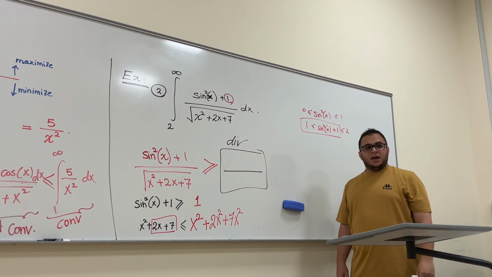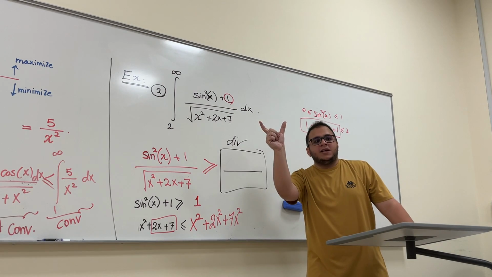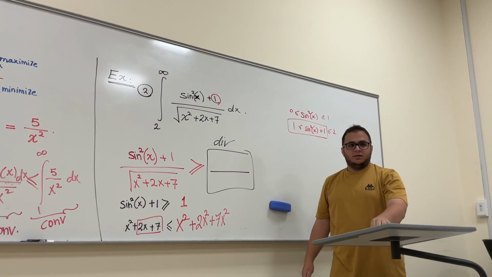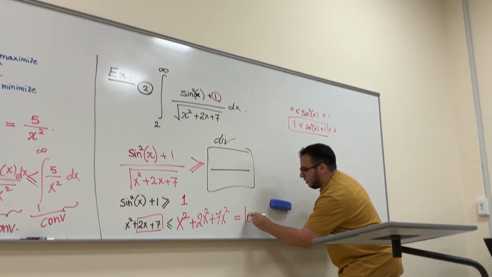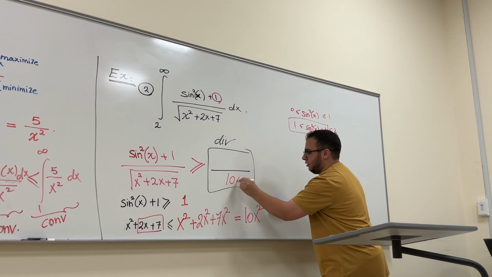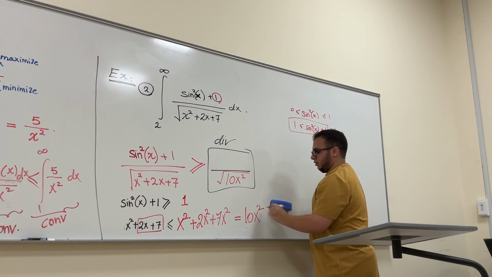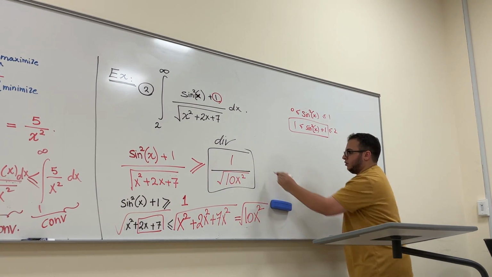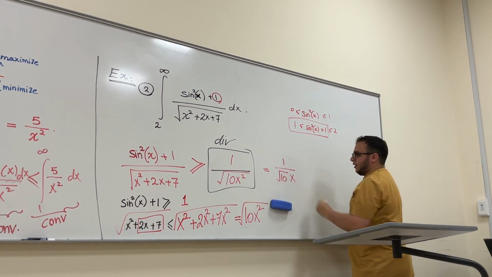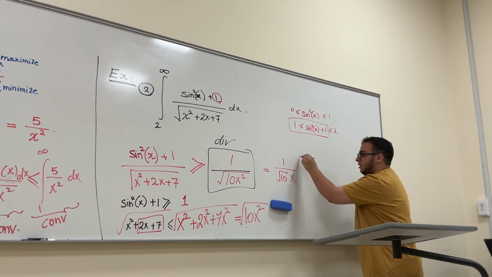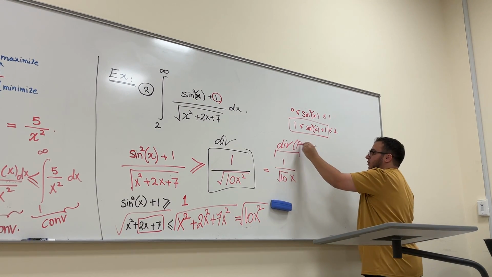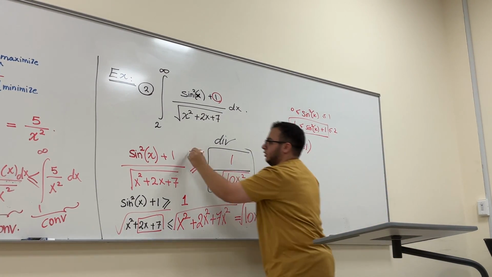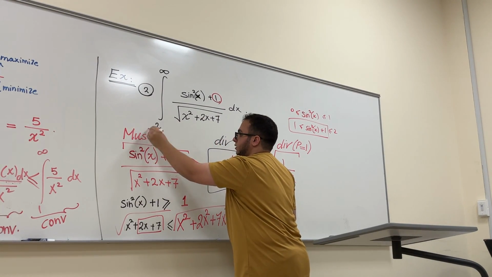We upgrade them all, writing them in terms of the leading term so we can combine them in one term, and that becomes your p. So this becomes 10x squared. Of course under the root, don't forget, because this is a root comparison in the end. And then 1, which equals 1 over root 10 times x. This diverges by p equal 1, and since this is larger than something divergent, this must diverge.